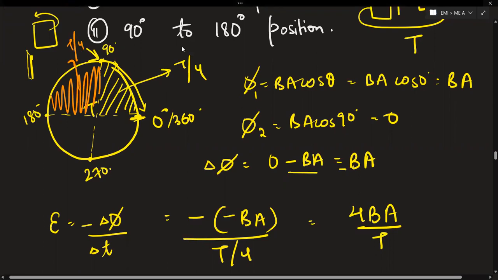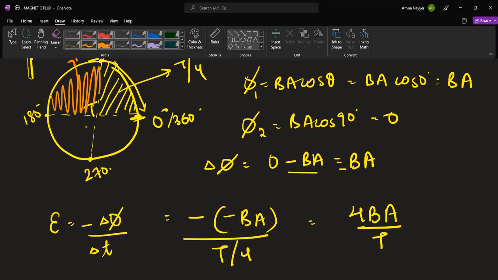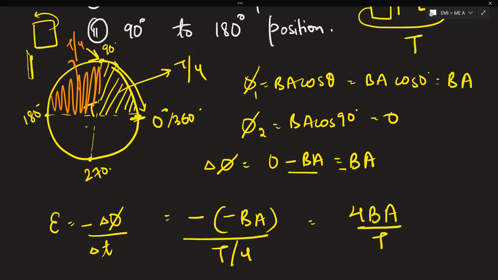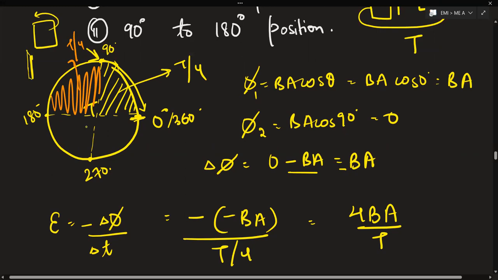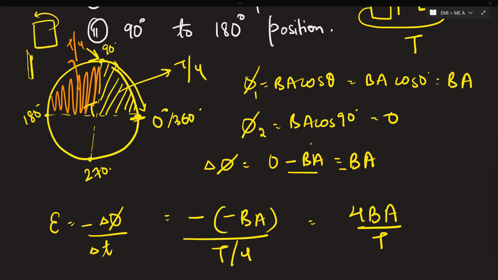Now, if the question is a little modified, it can be asked, if the coil rotates from 0 to 180 degree, what will be the time that you all will take from 0 to 180? T by 2. Perfect. And who all are present? Yes, Ryan. If it's from 180 degree to 270 degree, how much time duration will you take?